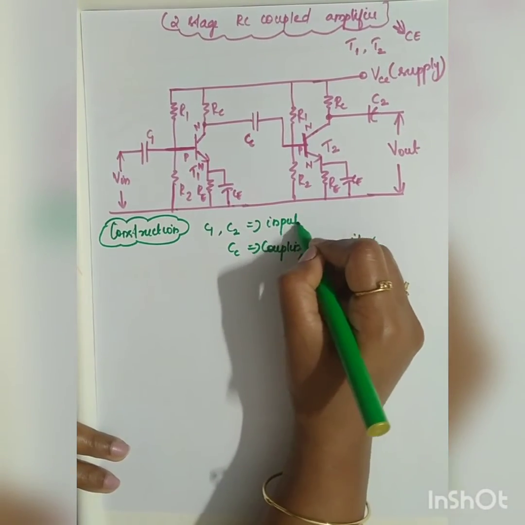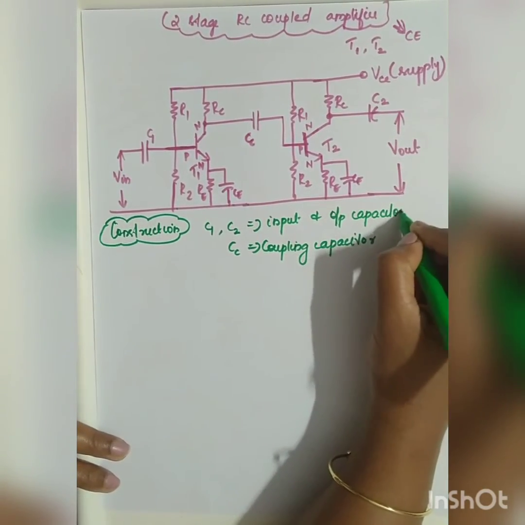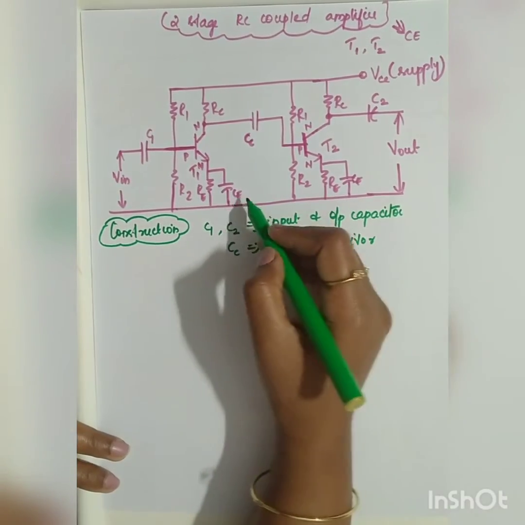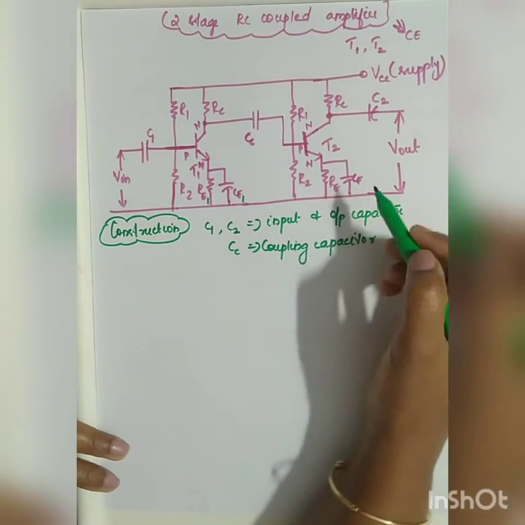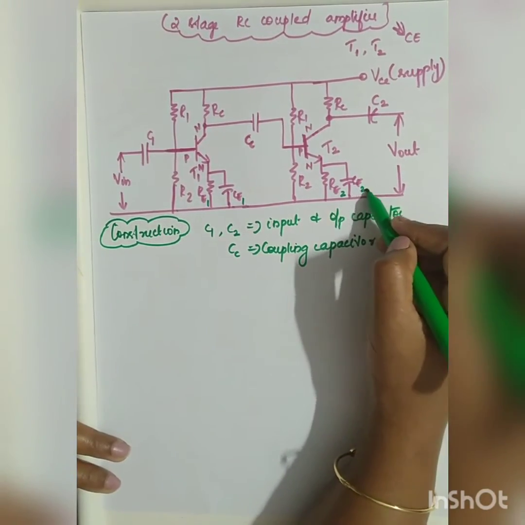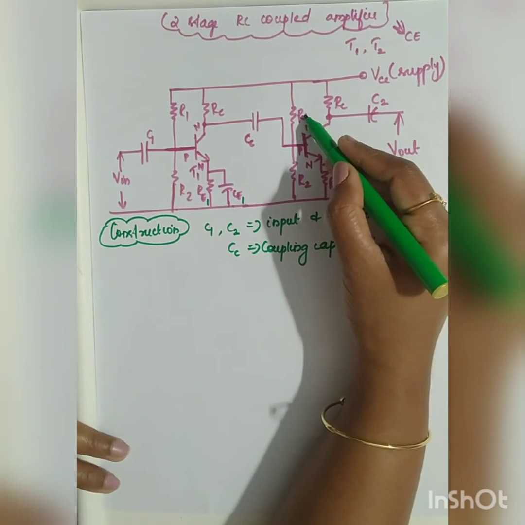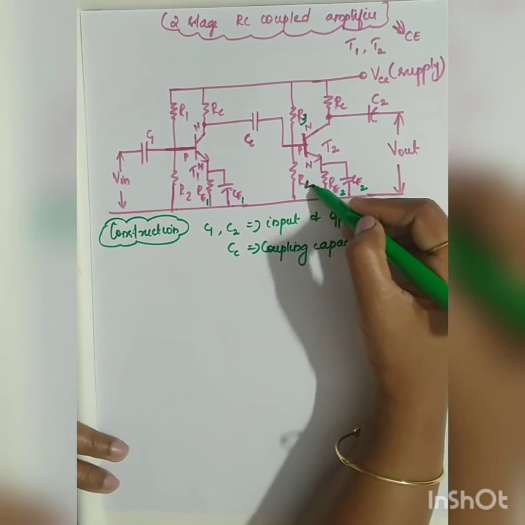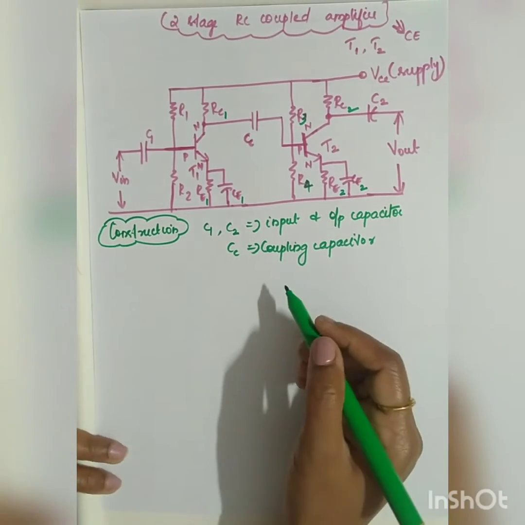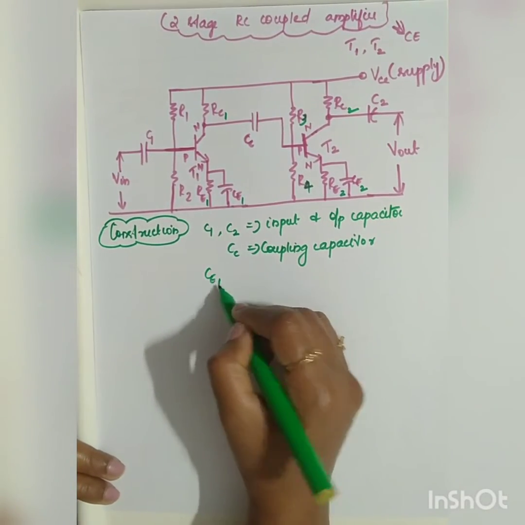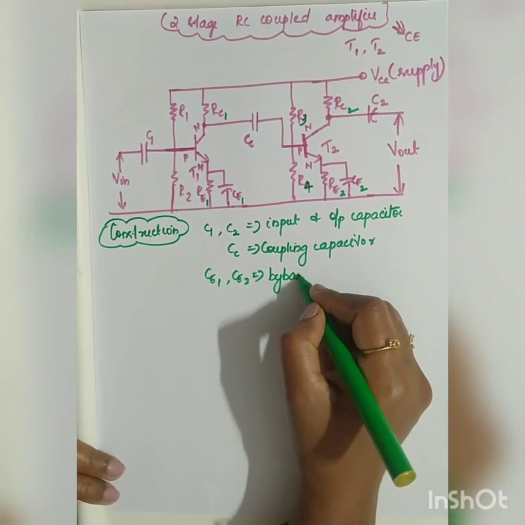Now let me give this as CE1, RE1, RE2, CE2. R1, R2, let me give this as R3, R4, so that there will be no confusion. RC1, RC2. Now all are different. Now you have CE1, CE2. It is also called the bypass capacitor.